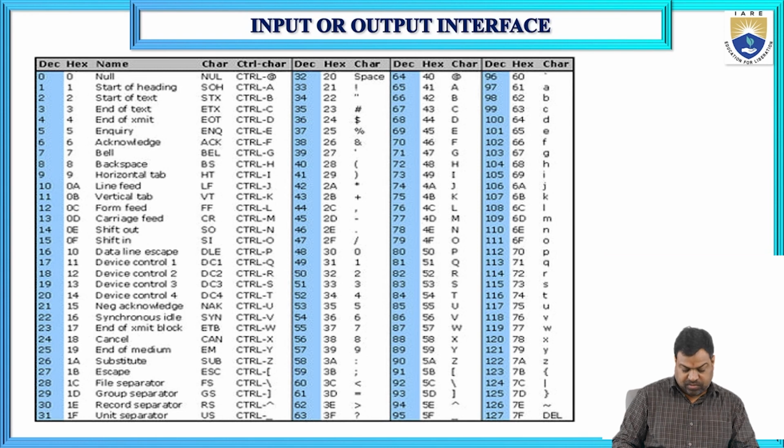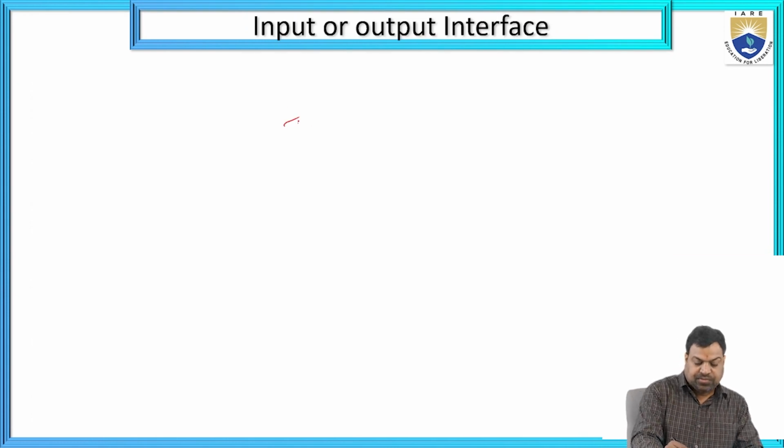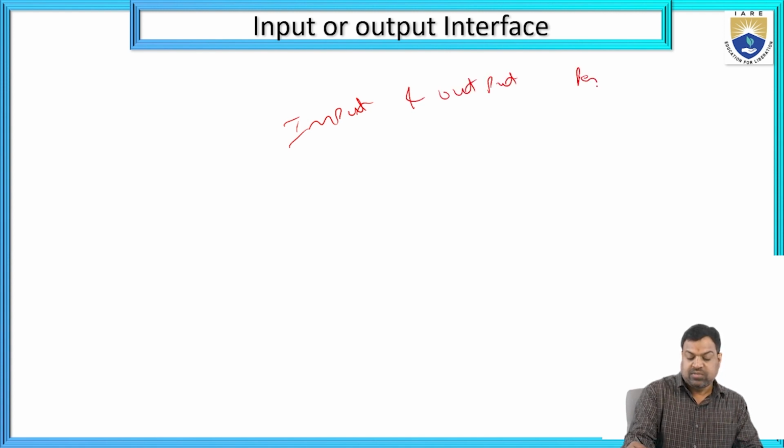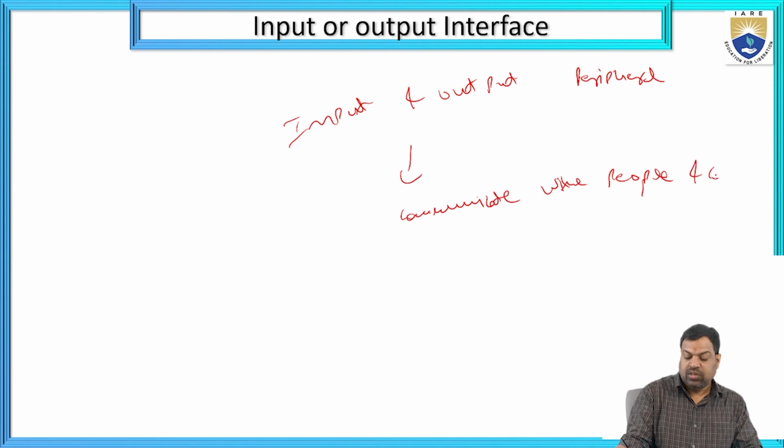So input and output peripherals communicate with people and computer.